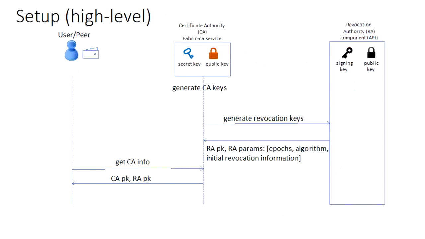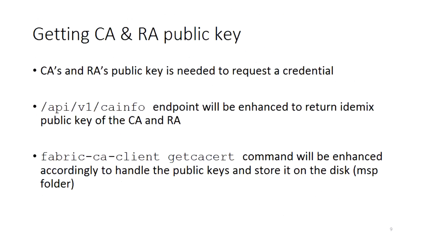This is a one-time thing that gets generated and stored on the disk. The users can then ask the CA for the public keys of the CA and revocation authority, store them in their wallet or on the disk, and then use that information to generate the credential.